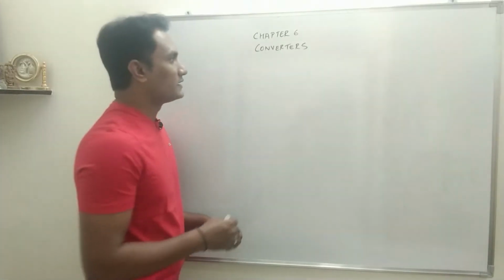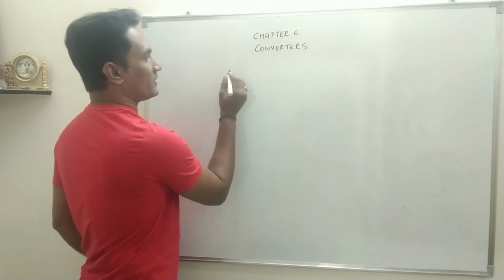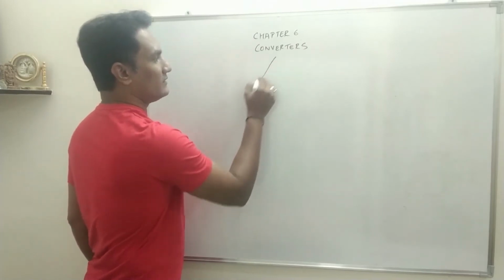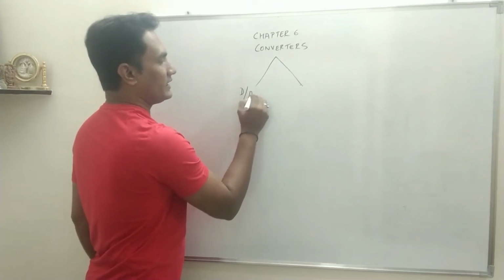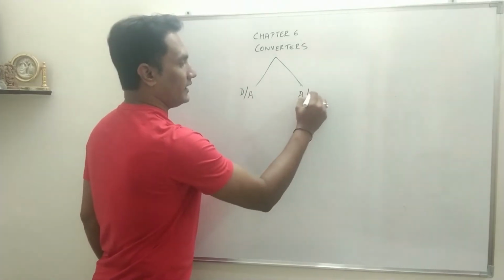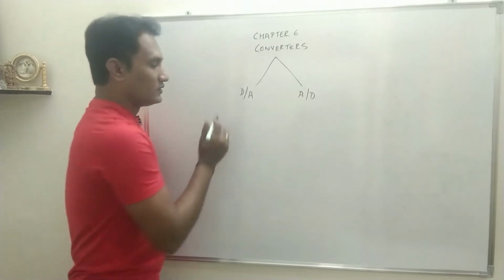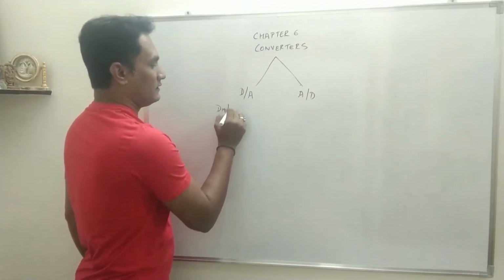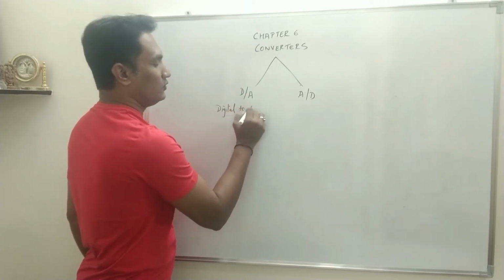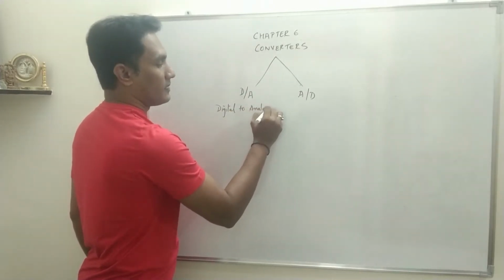Converters. Under this heading, we will try to understand two types of converters. One is called D to A converter and the other A to D converter. When you say D to A, that means digital to analog.